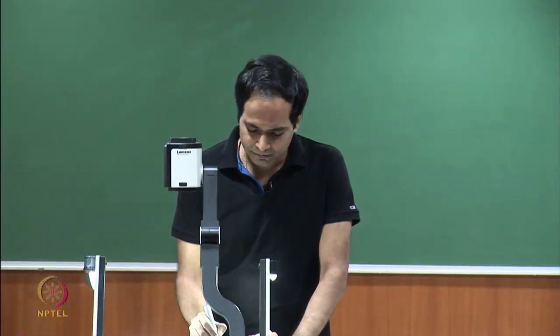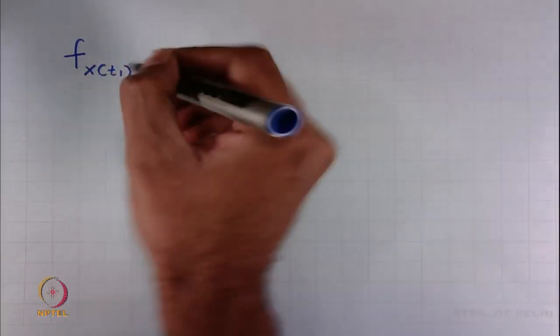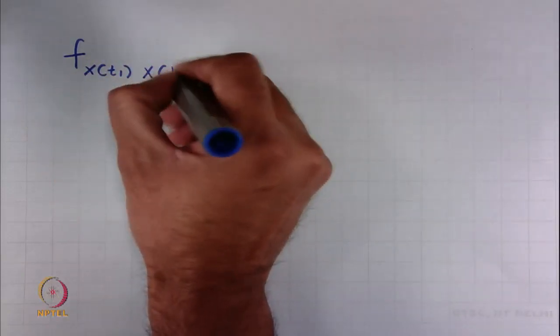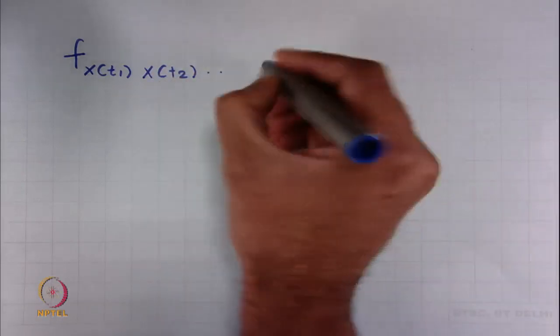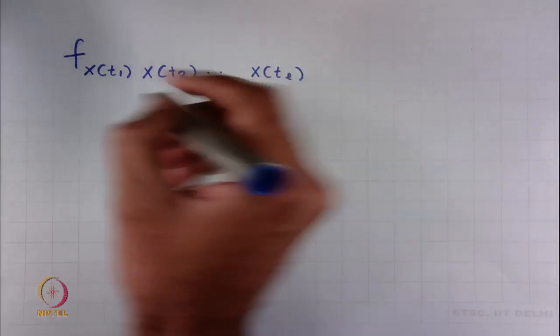So, if you write the probability density function, remember that the probability density function can be obtained by partial derivative of the CDF.